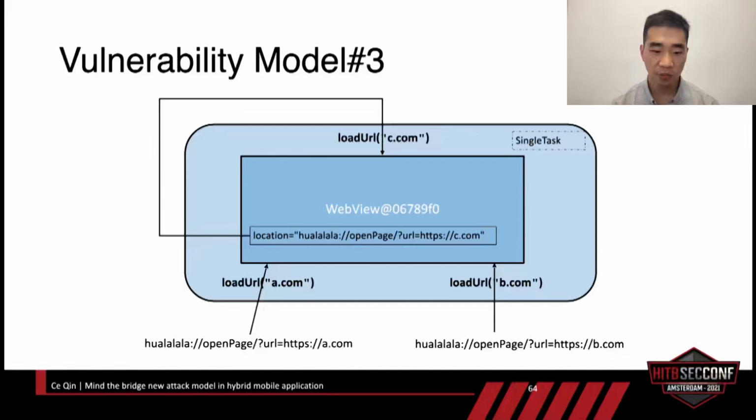In the diagram are A.com and B.com. Thus, we find another way to invoke browser-initiated navigation from the render model. In the diagram, you can see C.com is also loaded in the web view.